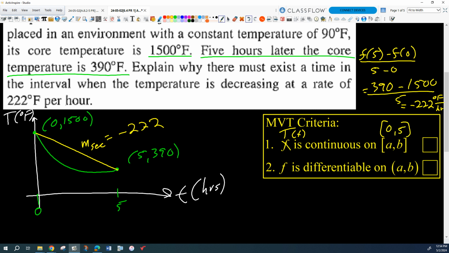Is it? For it not to be continuous, what would have to happen to the temperature? Well, continuous means that I can think in terms of the graph. It means that I can put my pen on the board and graph the temperature curve without ever picking my pen off the board.